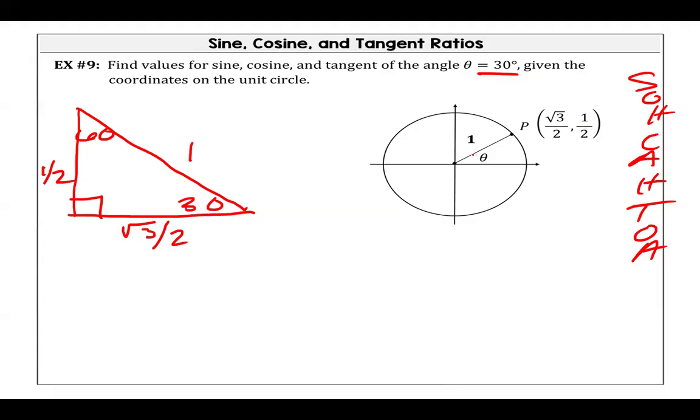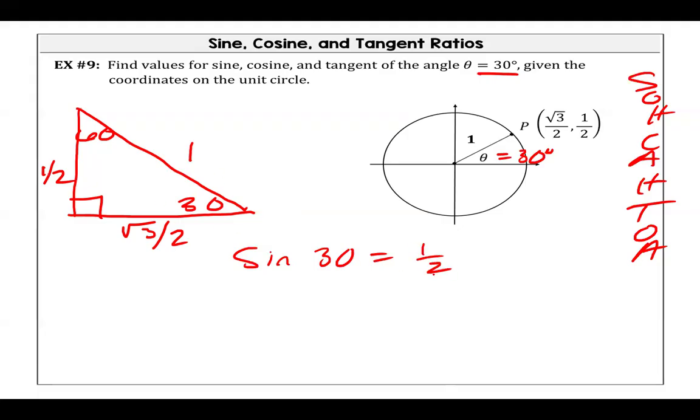So if I'm looking for the sine of 30 degrees, this is 30 degrees. It is opposite over hypotenuse, correct? So the sine of 30 equals what? What's my opposite? 1/2.